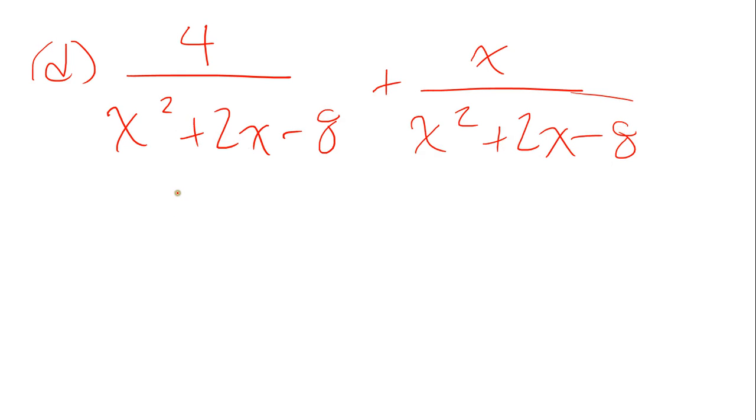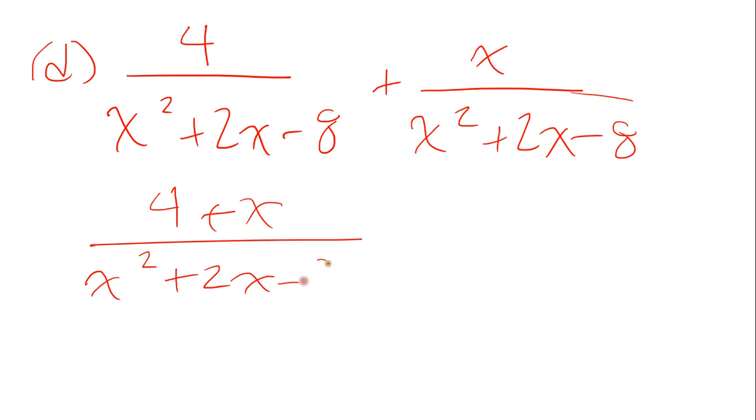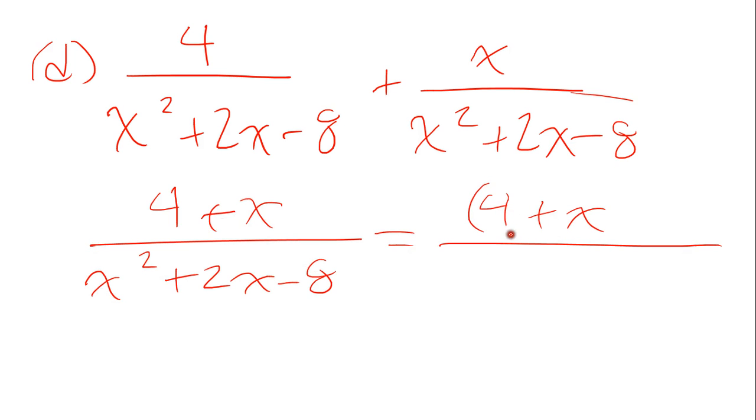So now, the same thing, same denominators. We have 4 plus x over x squared plus 2x minus 8 equals, and as you can see, our denominator we can factor. We need factors of negative 8 that add to 2, so we can use minus 2 and 4, because those are factors of 8 that add to 2x.